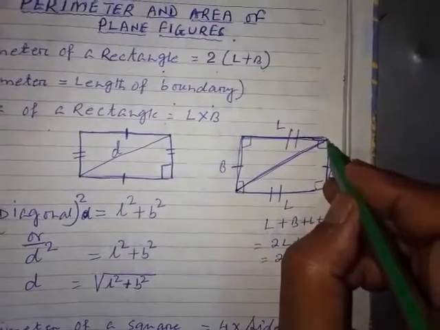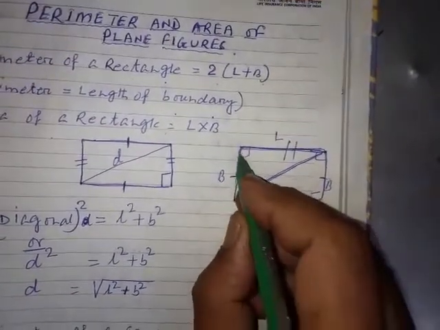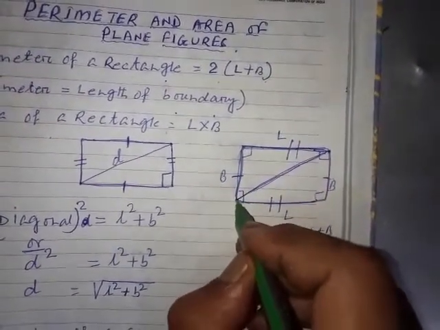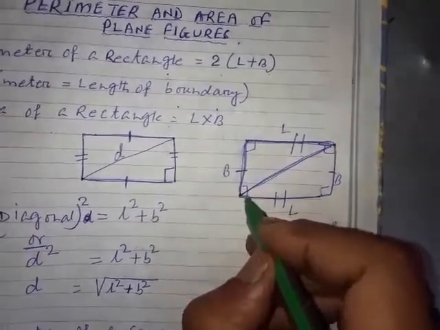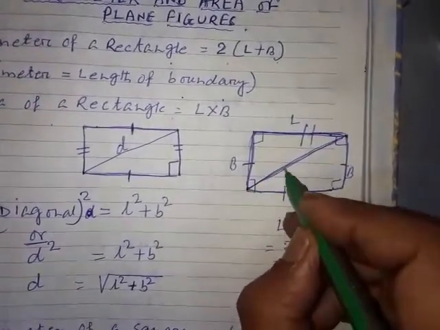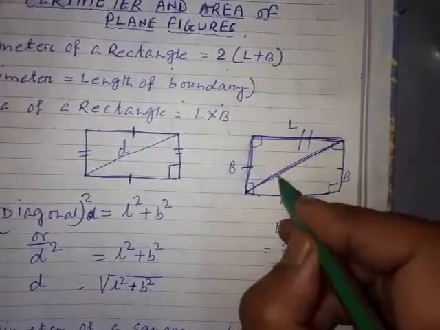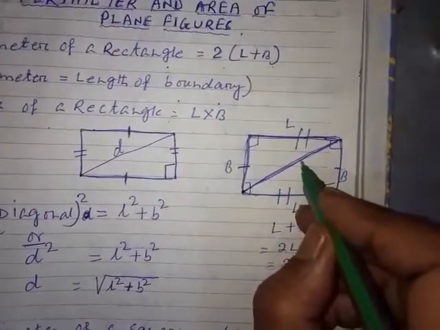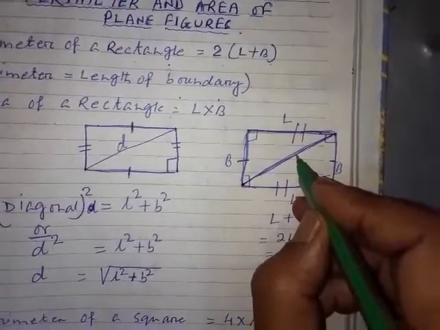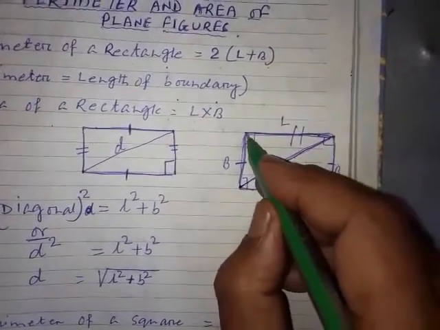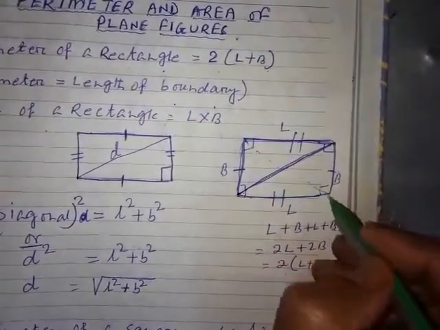That point is called a vertex. Here also two sides meet at a point, so this is also a vertex. When two opposite vertices are joined by a line, that line is called a diagonal. So you can draw a diagonal like this, or you can draw a diagonal like this also.